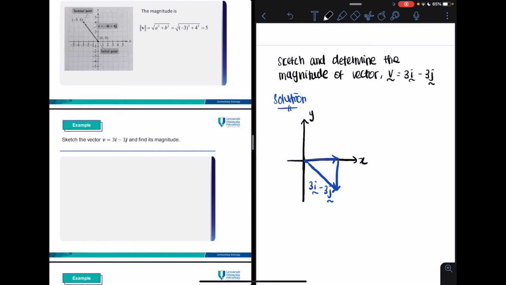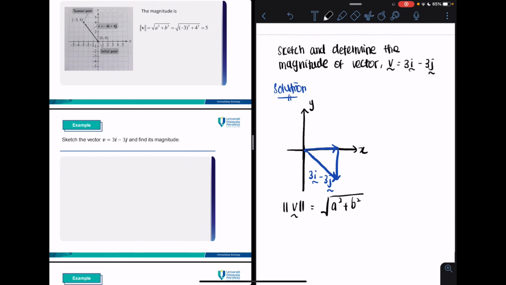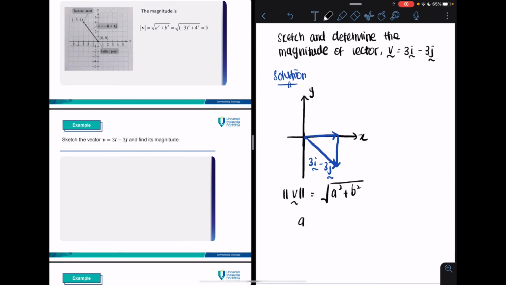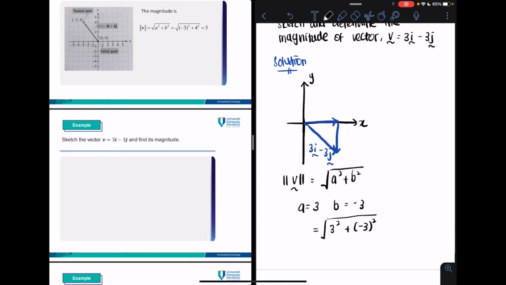The magnitude of the vector can be found by using this formula, the square root of A squared plus B squared. In this case, it is very clear our A is equal to 3 and our B is equal to negative 3. Then by using the formula, you get 3 squared plus negative 3 squared. Then you get 18, if I'm not mistaken. So that's it.